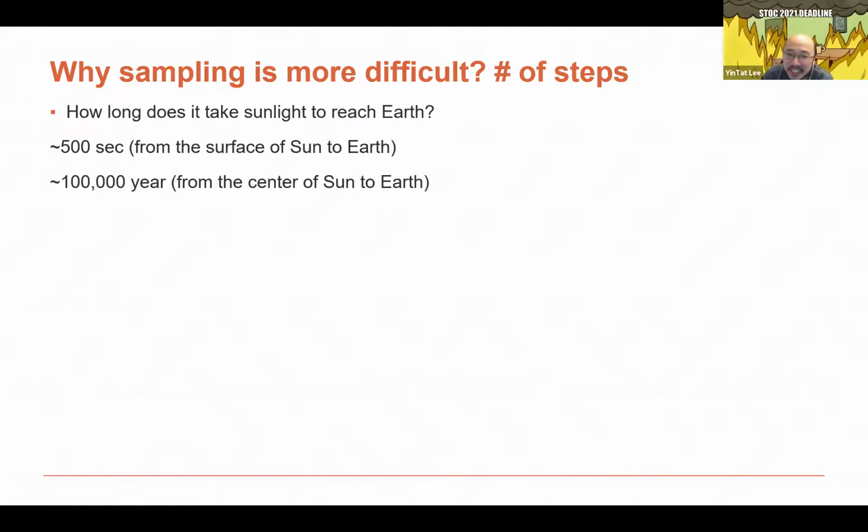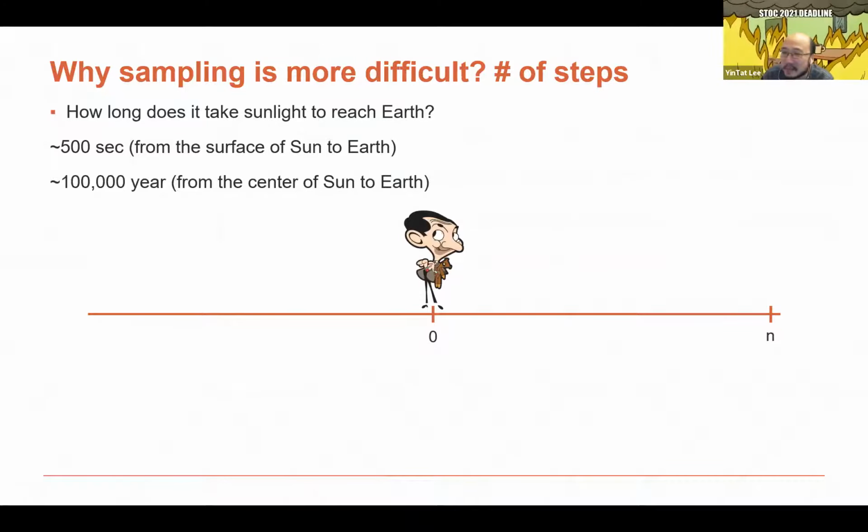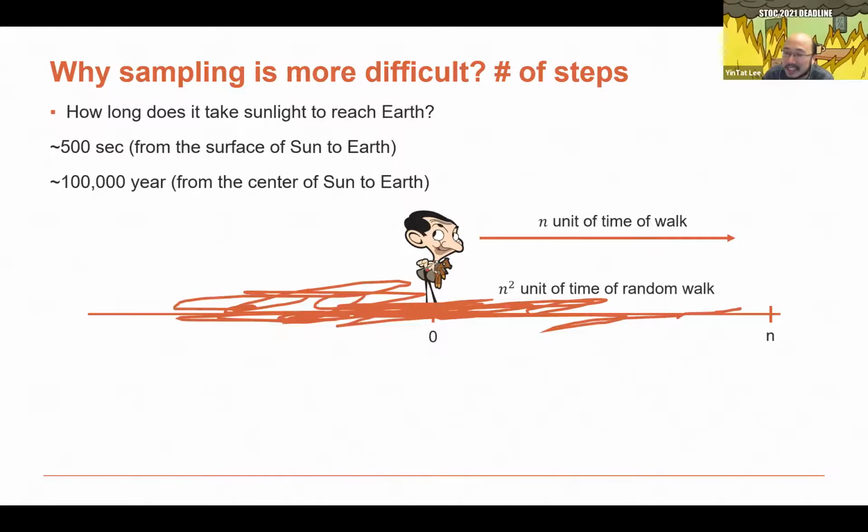Yeah, you can Google it, those are real. I see some people really puzzled about this, but anyway, you can look at the cartoon. If you are Mr. Bean, you go from 0 to n. If you want a straight line, then you take n units of time. But if you are drunk, you will take n squared time. And that's why you have this huge discrepancy.